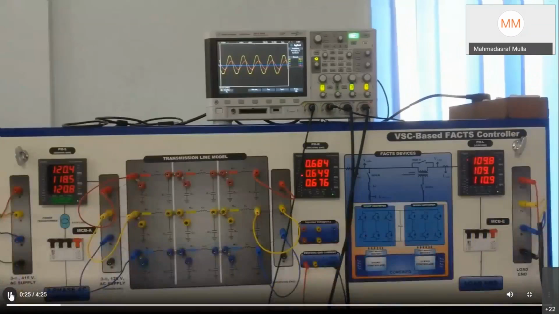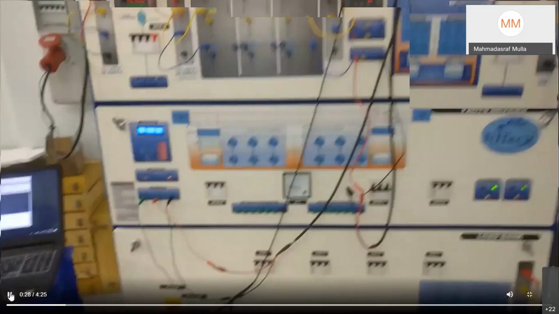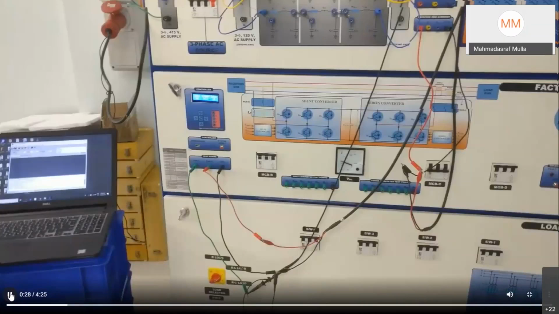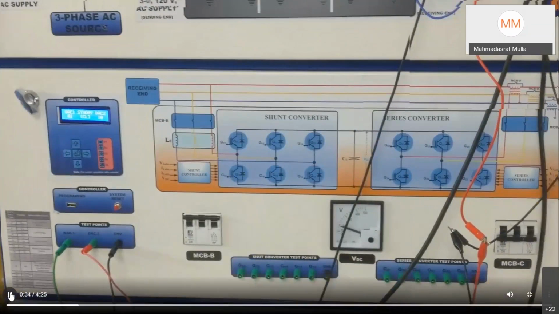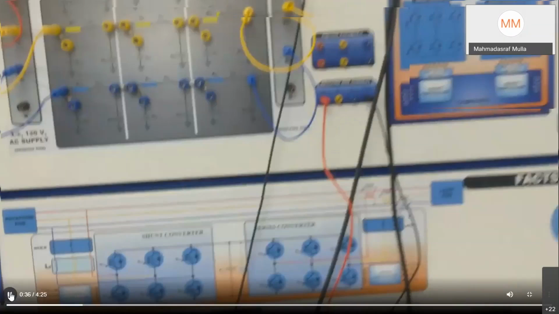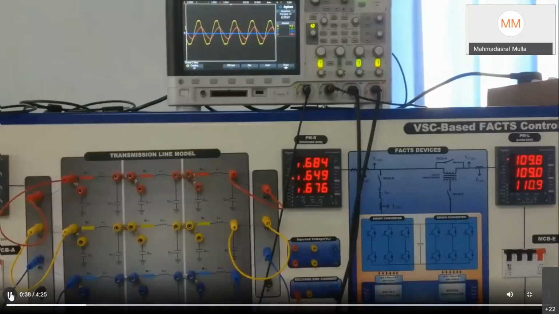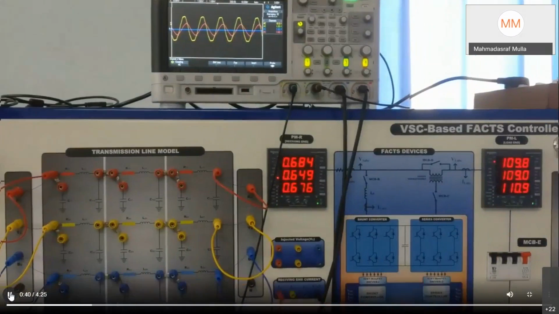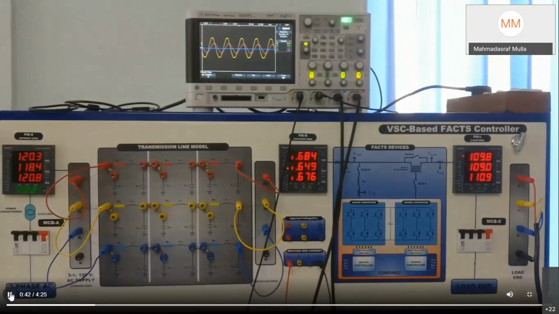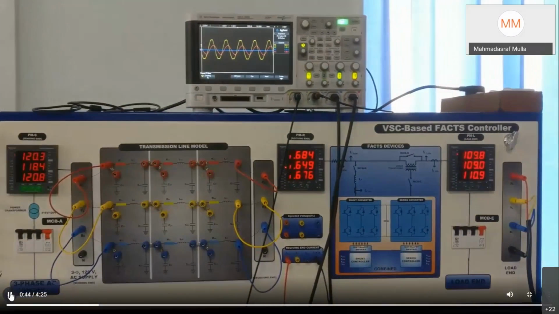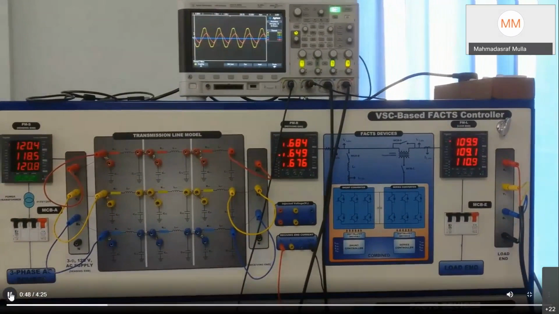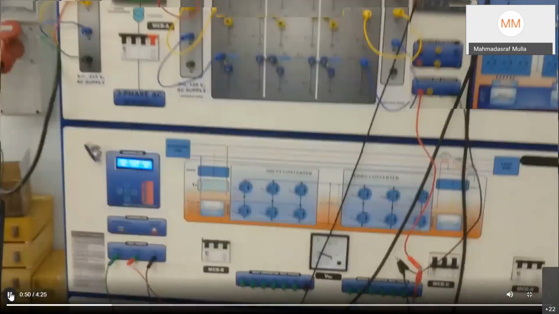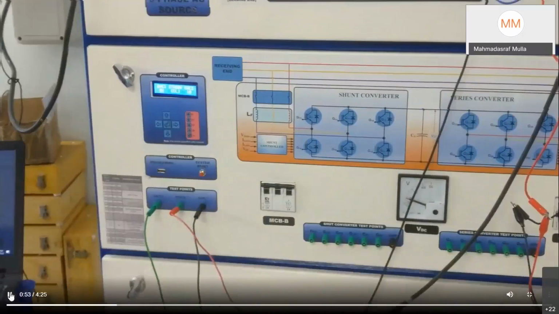We expect that as we turn on the compensation, it will put this current in phase with the source voltage. So it will generate some compensating current to compensate our RL load. We will turn on our compensator using the enter key.